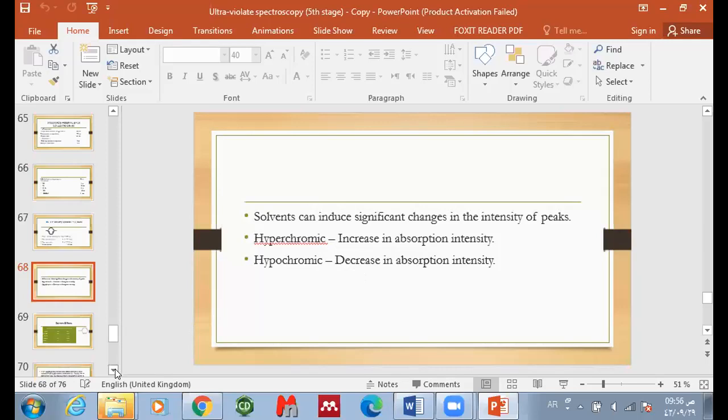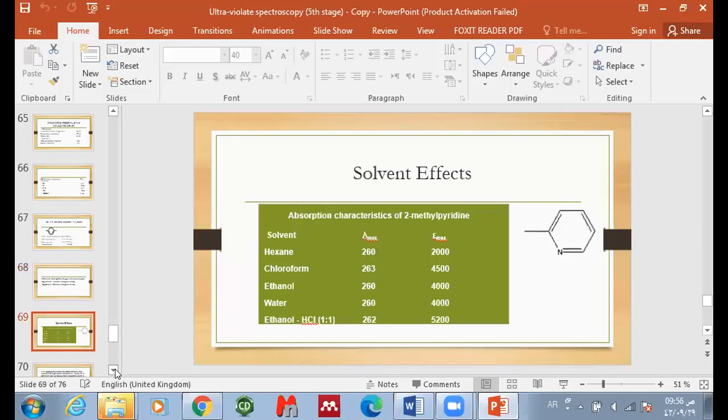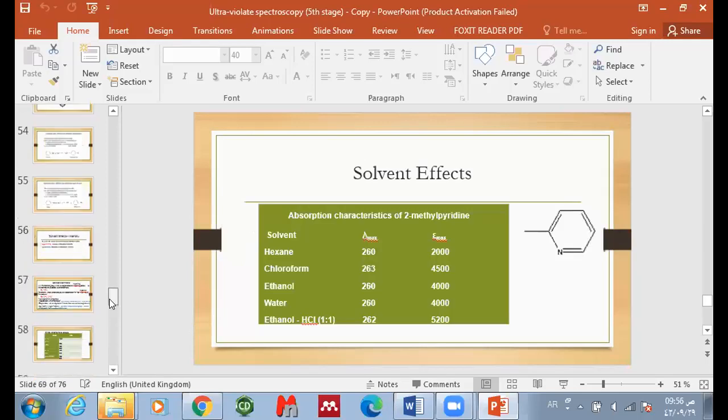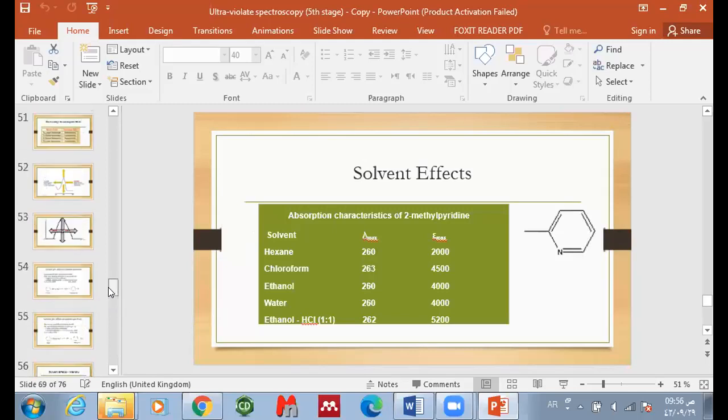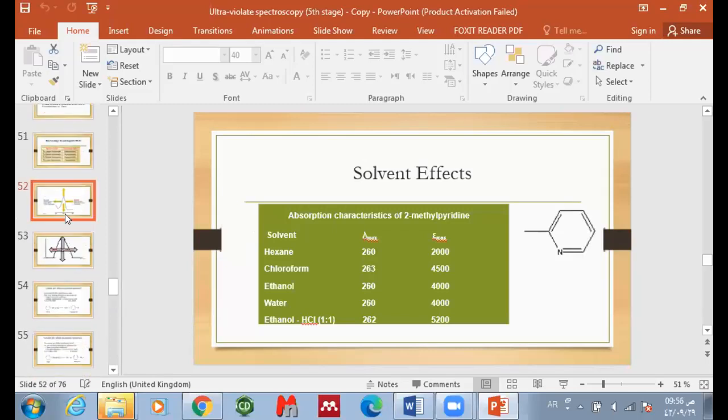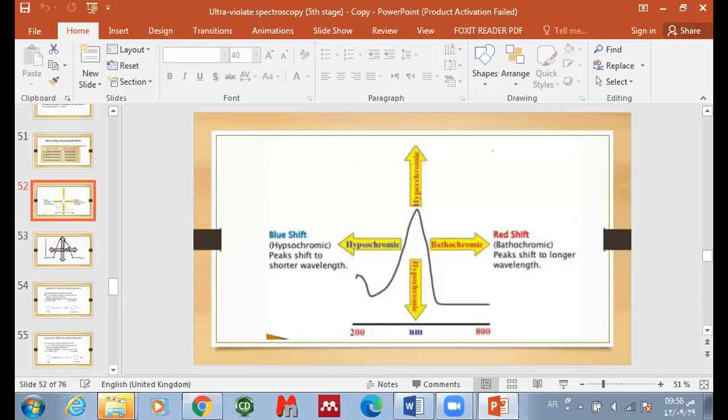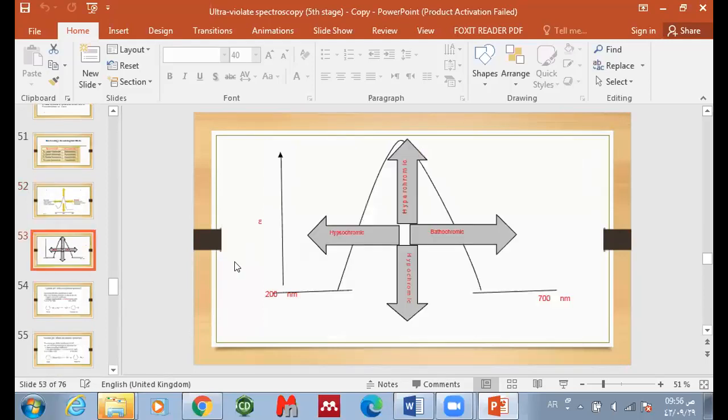We discussed this before. Just refresh your memory, if you remember. And this is another figure, showing the hypochromic and hyperchromic effects.